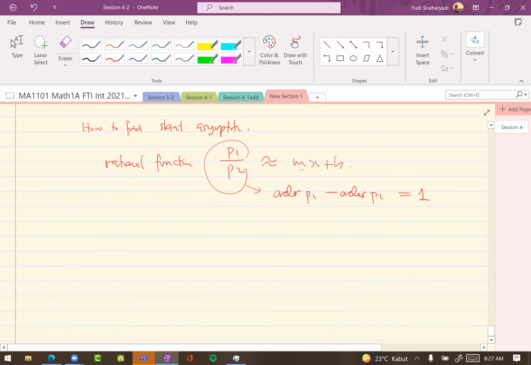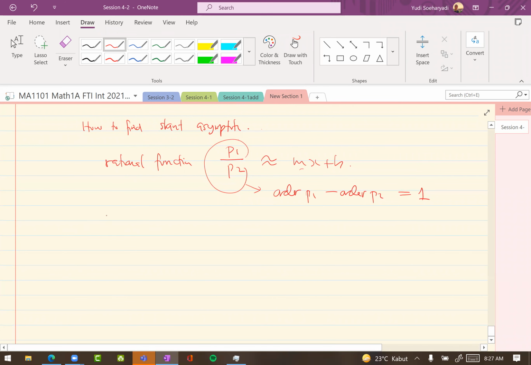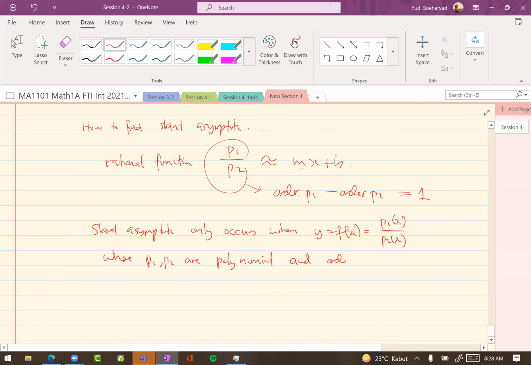Okay, so let's find this out. All right. So a slant asymptote only occurs when P1(x) over P2(x), where P1 and P2 are polynomials, and the order of polynomial 1 is the same as the order of polynomial 2 plus 1.